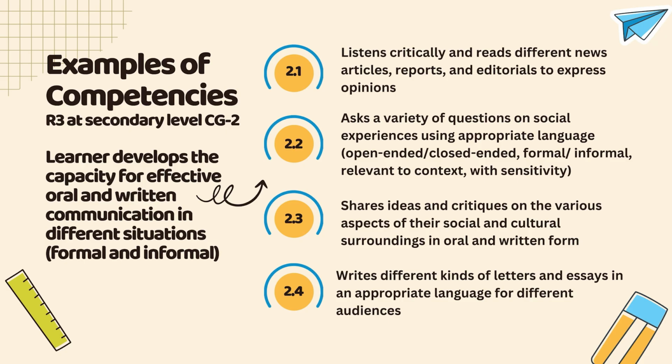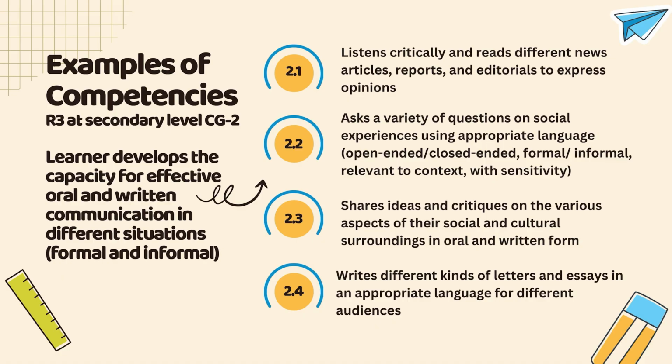Competency 2.1, the learner listens critically and reads different news articles, reports and editorials to express their opinions. Competency 2.2 is the learner asks a variety of questions on social experiences using appropriate language, open-ended, closed-ended, formal, informal, relevant to context with sensitivity.